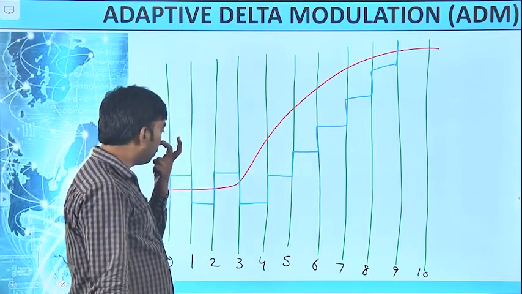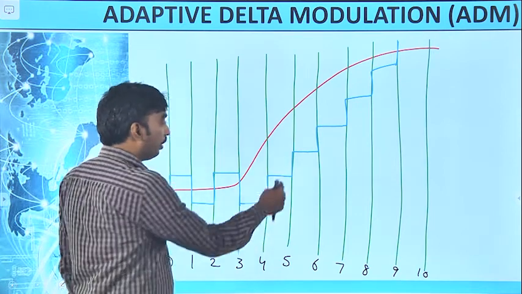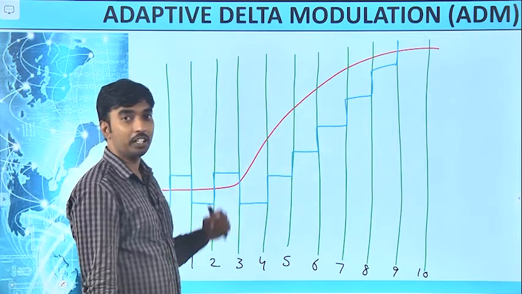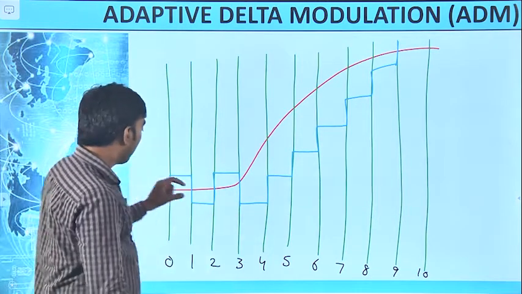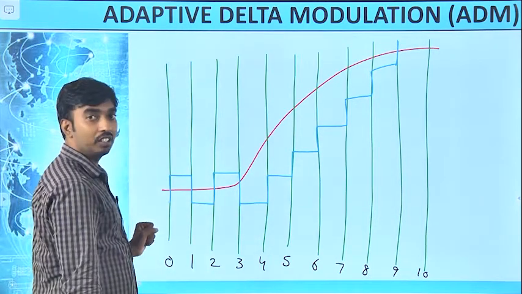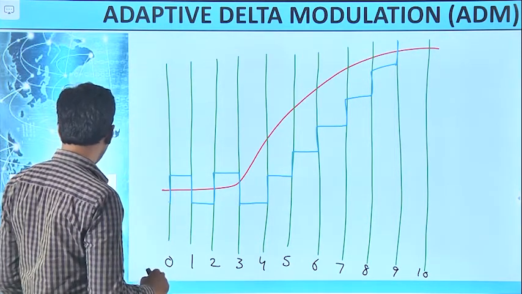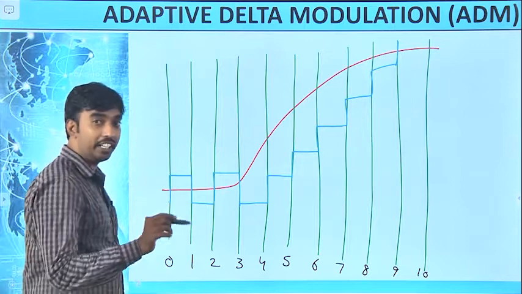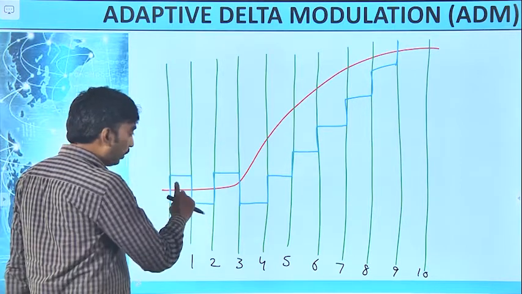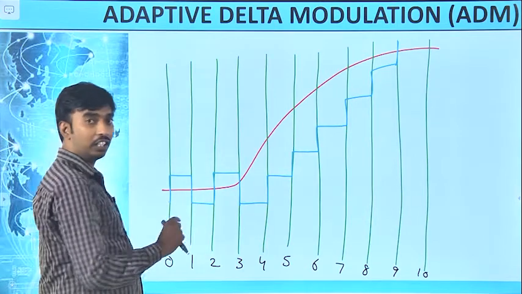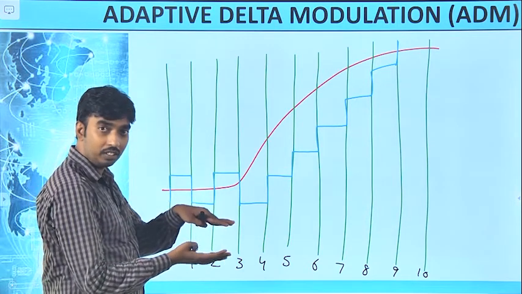Now how I am going to overcome this: because of this step size, slope overload distortion came. Because of this step size, granular noise occurs, right? What I am going to do is, in ADM, when the input signal is constant, I am going to reduce the step size.